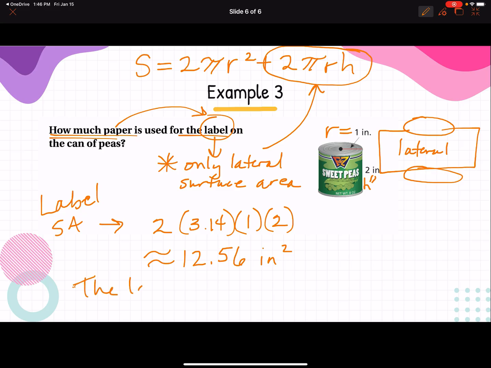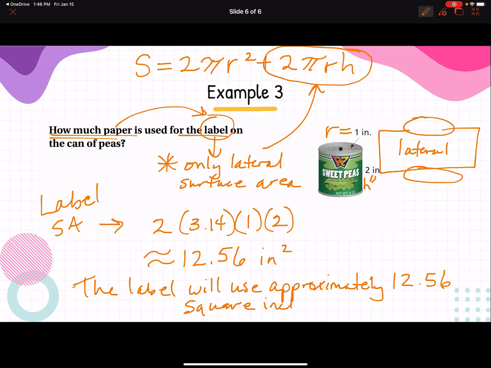The label will use approximately 12.56 square inches of paper.